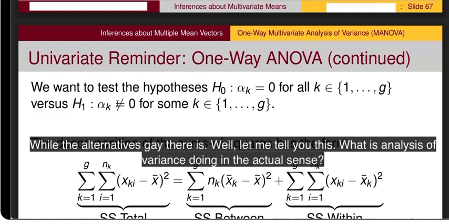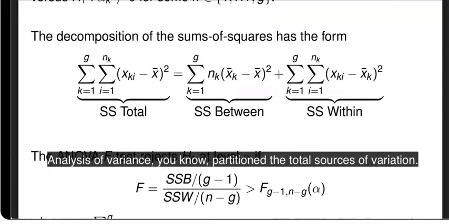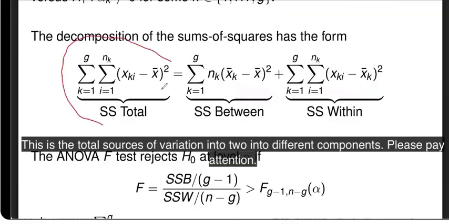But let me tell you this. What is analysis of variance doing in the actual sense? Analysis of variance partitions the total sources of variation into different components. Please pay attention.